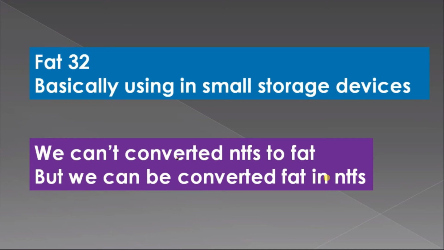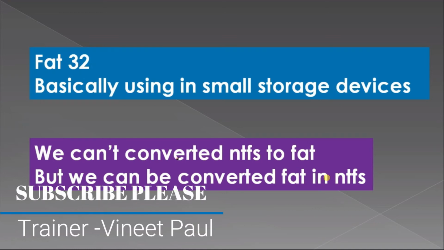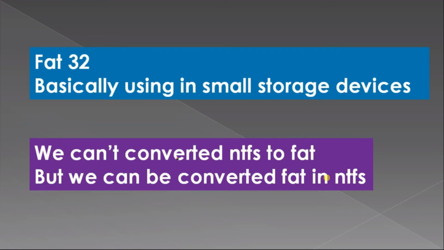FAT32 is basically used on the smallest storage devices. You can see it all over the world in pen drives and memory cards. All kinds of smaller devices use FAT32. If you want to format these smaller devices, we can use the FAT32 file system. But if you want to format a hard drive or any kind of big storage device, we can use the NTFS file system.